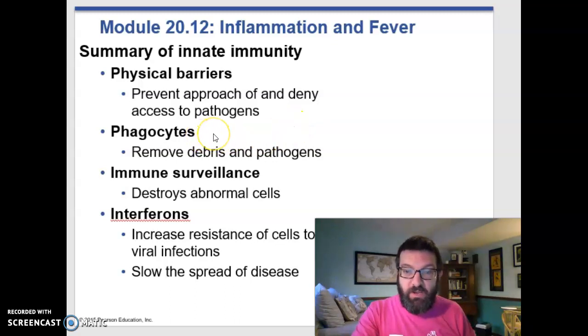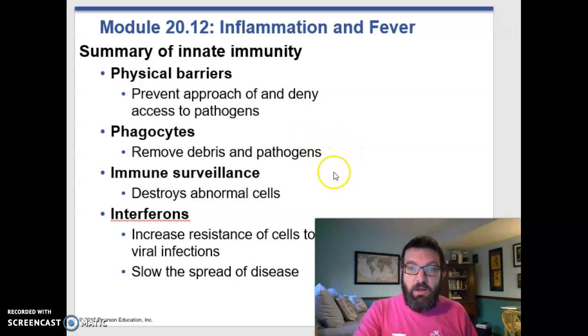Cells that are phagocytes, like neutrophils and eosinophils and macrophages, things that will eat all kinds of different pathogens and defend you. Natural killer cells, which perform immune surveillance and will destroy lots of kinds of abnormal cells.